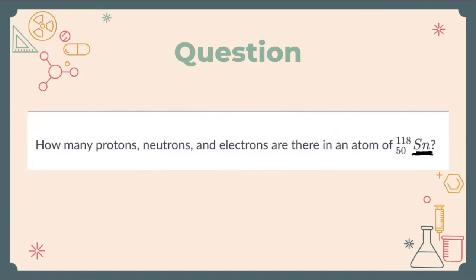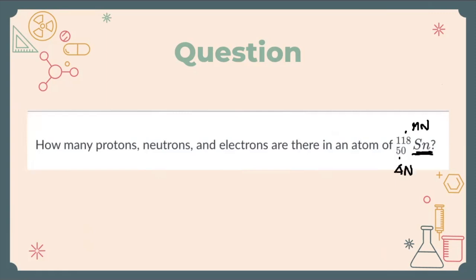So, we have this 118 above, and we have 50 on the bottom. Now, intuitively, you can take a guess and say that the 118 is the mass number because the mass number is two things where the atomic number is just protons. But always remember that the mass number will be on top and the atomic number on the bottom.